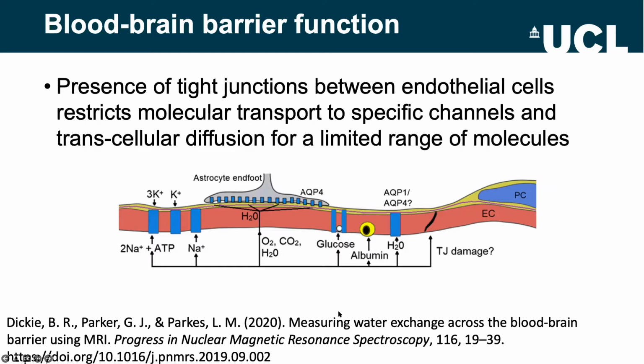In a disrupted blood-brain barrier, when the blood-brain barrier is damaged due to some form of pathology, this black line represents what's known as a tight junction, and the tight junctions are the joins between the cells that make up the blood-brain barrier. So the blood-brain barrier surrounds the capillaries in the brain. It has these endothelial cells, which is what EC stands for.